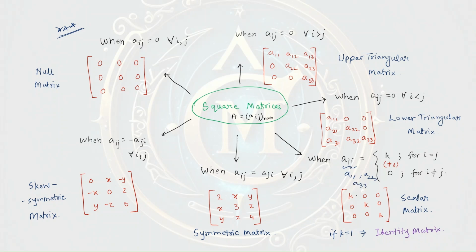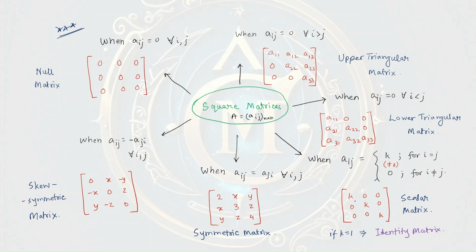This is for a 3 by 3 matrix. And you should remember that the scope of JEE is limited to matrices of order 3 or less. So the maximum order of matrices in our syllabus will be 3 by 3, so we will majorly discuss that only.